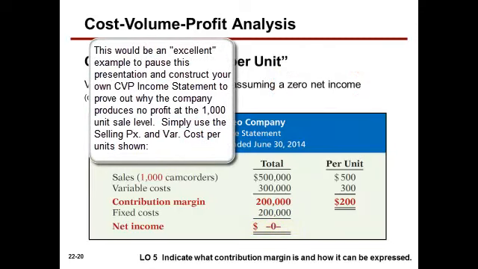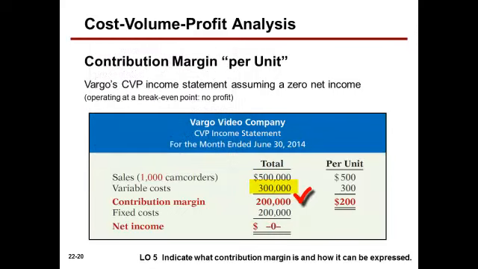That comes about when we're selling 1,000 camcorders. 1,000 camcorders times our per unit selling price, $500,000. 1,000 camcorders volume times $300 variable cost, $300,000. Net result in contribution margin profit of $200,000, less our fixed cost of $200,000 gives us no net income for the month. The company is operating at the break-even point, no profit.